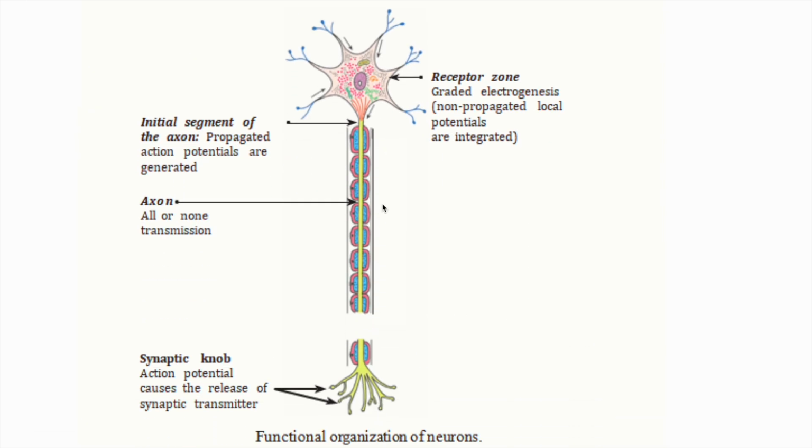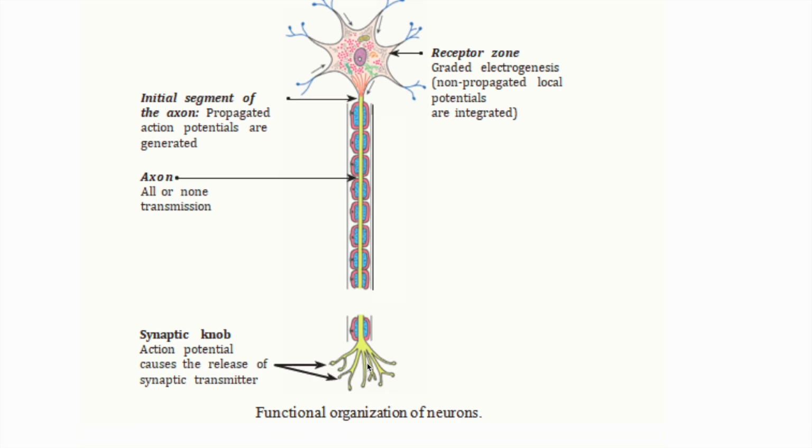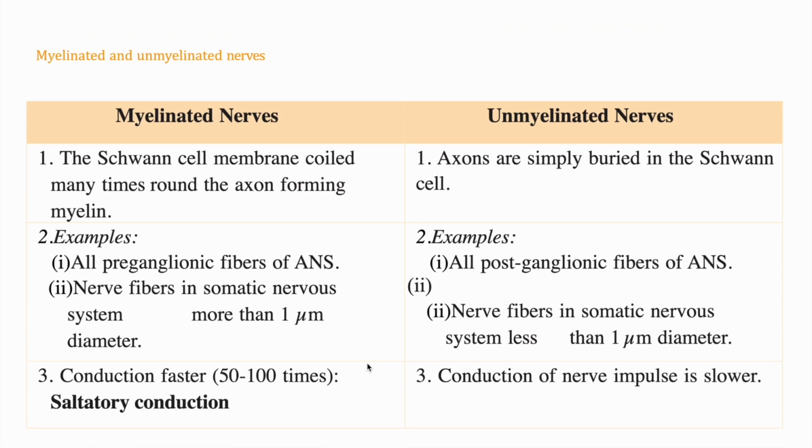Okay, these are the three structures. Receptive zone is called the cyton. Initial segment of the axon, synaptic knob. This is the functional organization of the neuron.